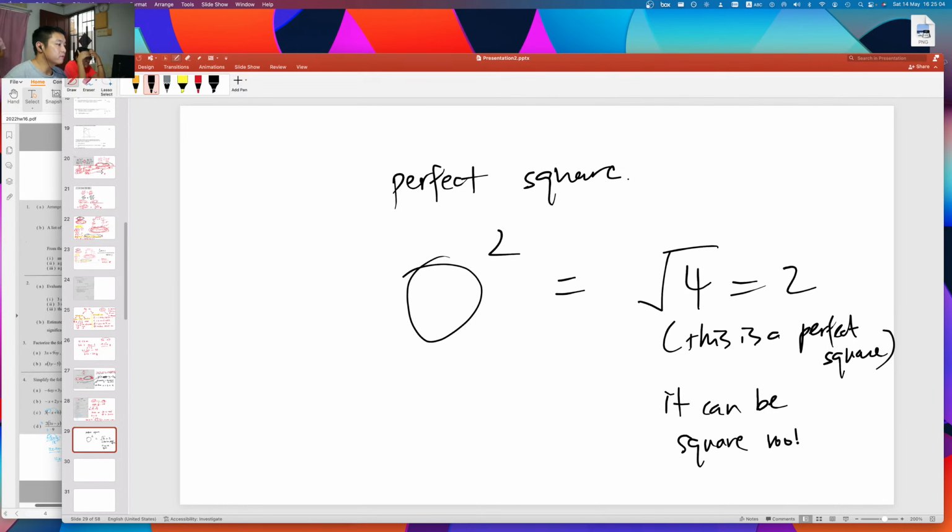Can you repeat after me? Can be square rooted. So it is called perfect square. Can you write this down? Because next time if the question asks you whether it's a perfect square or perfect cube, so if it's a perfect cube, that means it can be cube rooted.